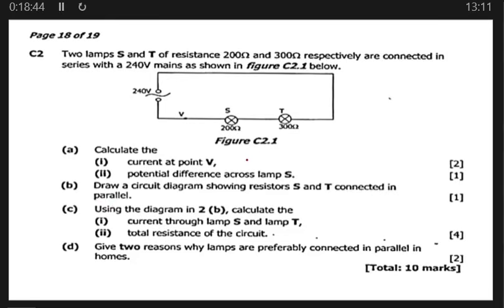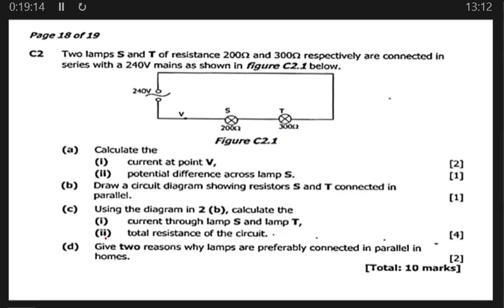Right, we must now draw another circuit showing these resistors connected in parallel. Then C, using the diagram in 2B, the diagram that we will draw in 2B, we will now calculate one, the current through lamp S and lamp T. So here take note that these are lamps that are offering those types of resistance.